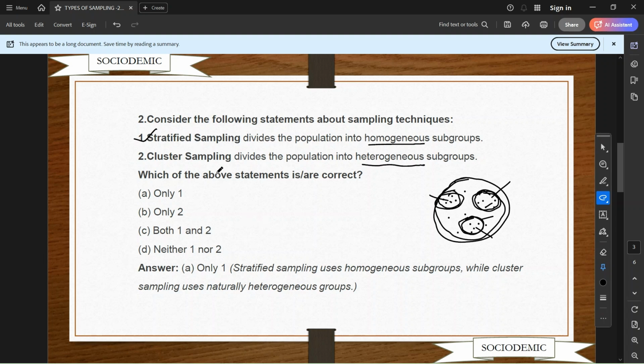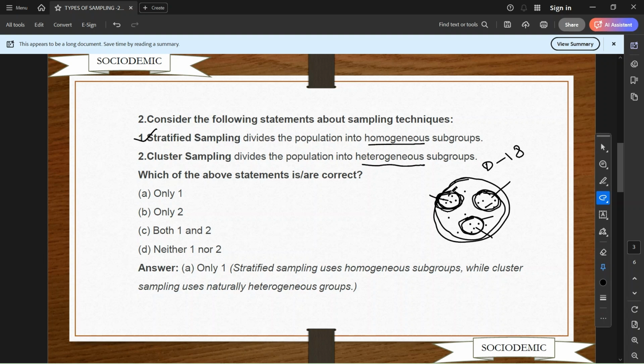Next, clustered sampling divides the population into heterogeneous subgroups. What is meant by heterogeneous? In homogeneous, these are the kids. For example, 0 to 18 years are defined as kids.